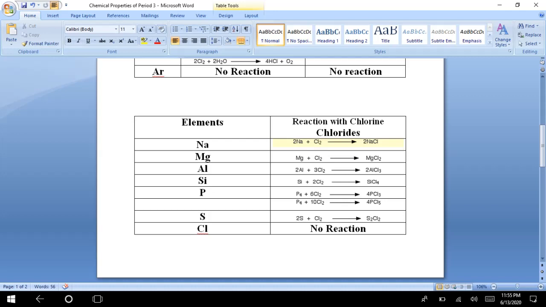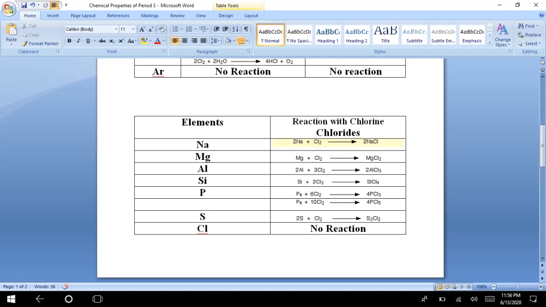Magnesium burns with an intense white flame to give magnesium chloride. Similarly, aluminium reacts with chlorine to give aluminium chloride. And when chlorine is passed over silicon powder heated in a tube, it reacts to produce silicon tetrachloride. That is a colorless liquid which vaporizes and can be condensed further along the apparatus. That's how you collect it as your product.